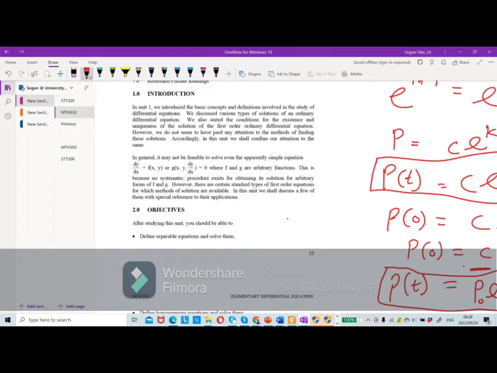This is because no systematic procedure exists for obtaining its solution for arbitrary forms of f and g. I didn't say that correctly, but I think everybody can understand what was there.